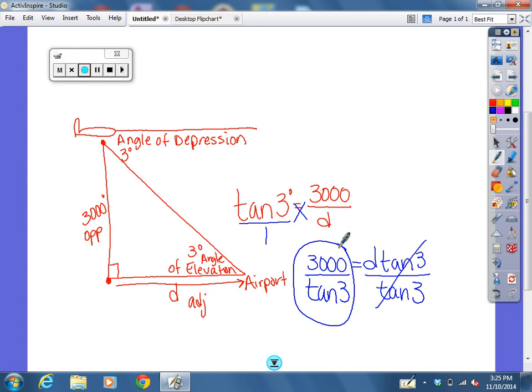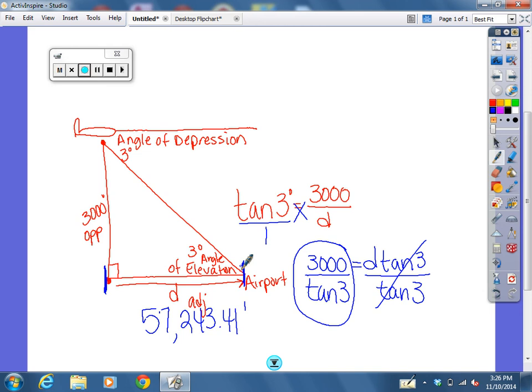Put that in my calculator, and I can get the actual distance, and that distance will be 57,243.41 feet, not inches, from this point to this point. So from the airplane looking down to the airport, that's a distance of about 57,000 feet.